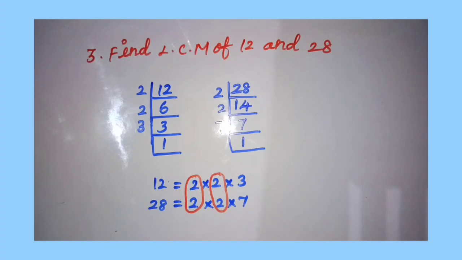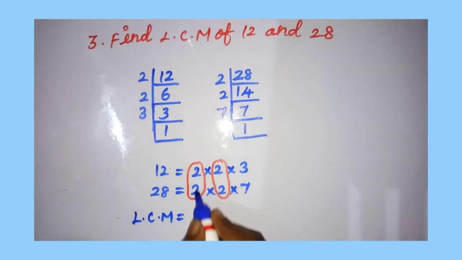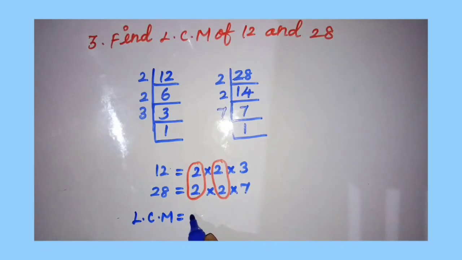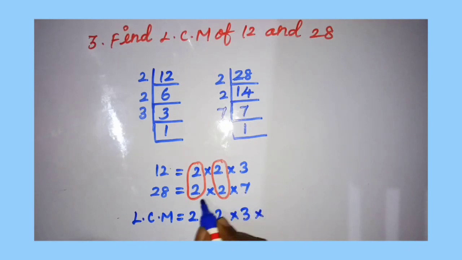Next, write the LCM. So LCM is equal to the common value 2. It appears twice, but we have to write it only one time, and the other 2 common, also only one time. Then the outside value in the first row is 3, and in the second row the outside value is 7.